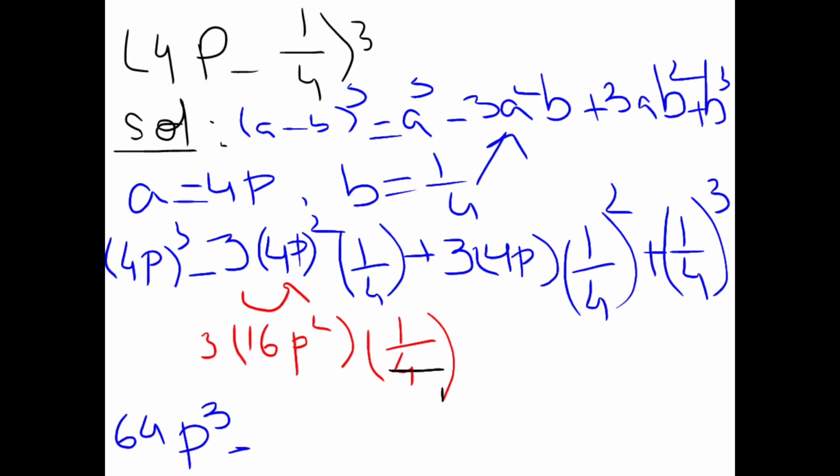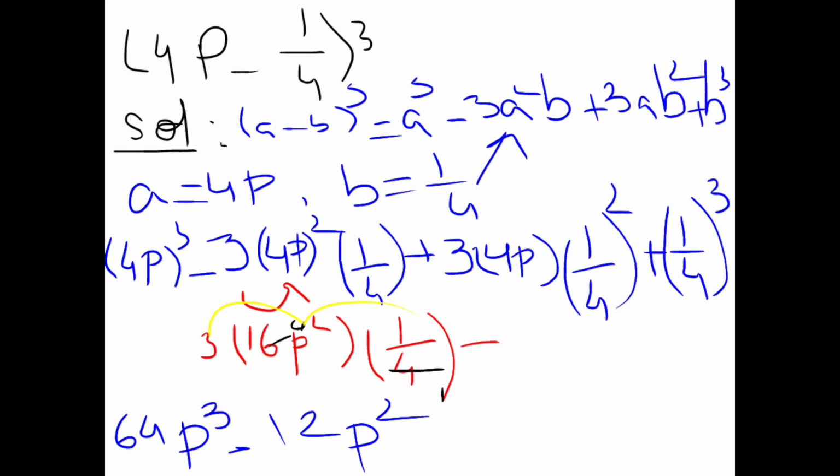So 4 ones are 4 and 4 fours are 16. After cancellation, we will get 3 fours are 12, and 12 ones are 12. So we will be left with 12p square. Okay, hope you all are getting this.